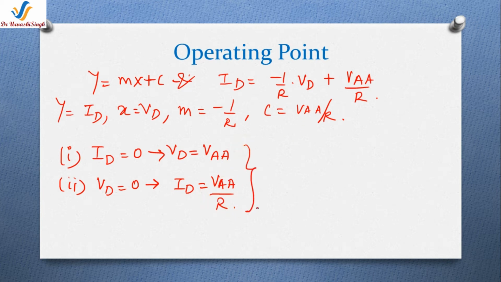So these two boundary conditions will give us the points at the axes, and these points are (VAA, 0) at the x-axis and (0, VAA upon R) at the y-axis. So joining these 2 points we will draw the load line.